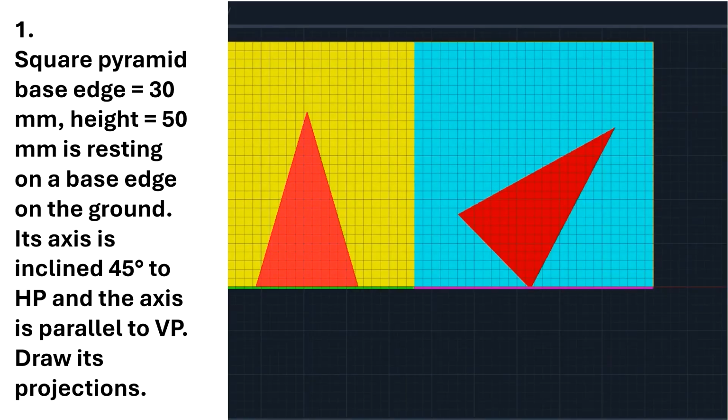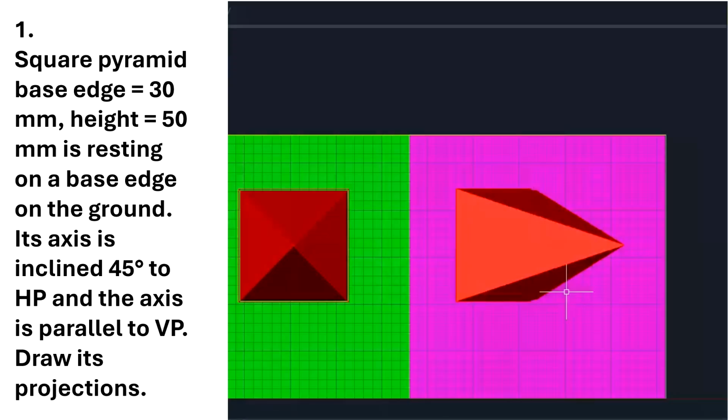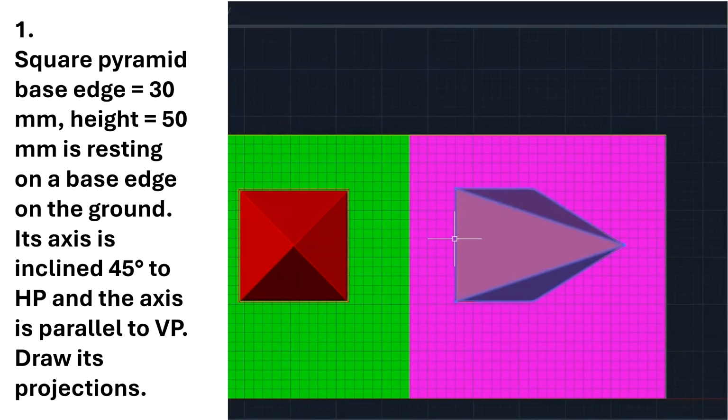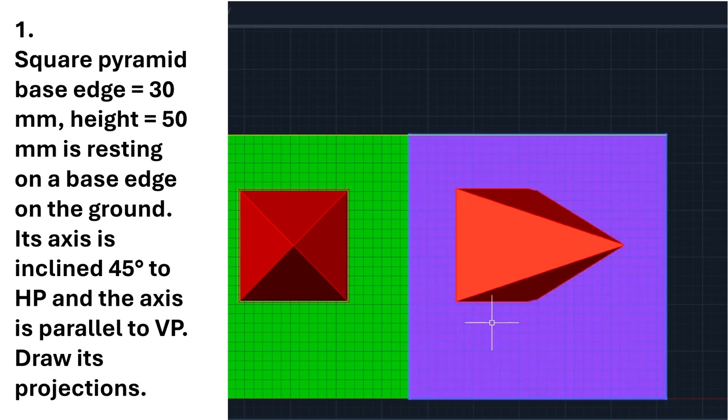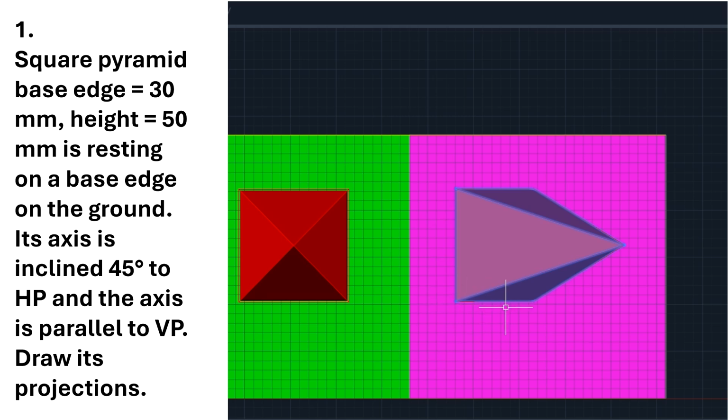Then I can finally get the points A, B, C and D and apex. Whenever you want to draw the final view, you first mark all the outside corners and edges with the solid line.